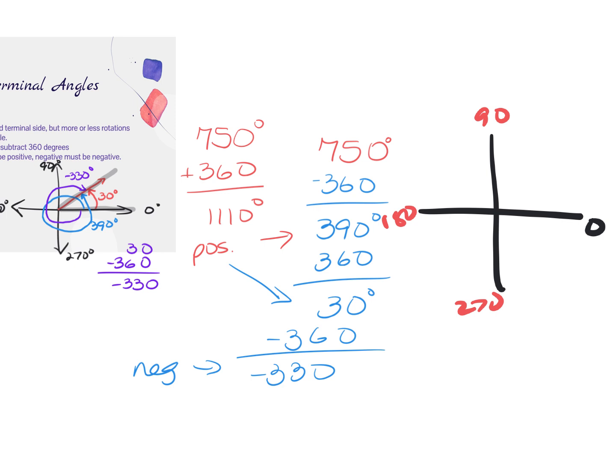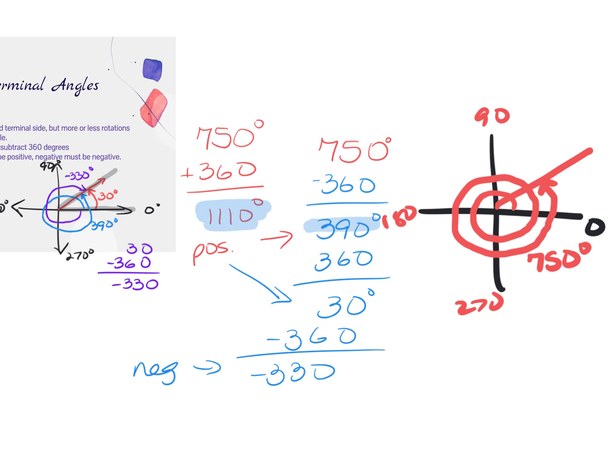So for 750, I'm going to swirl around 360, 720, and then I got to go 30 degrees more, and this is going to be my 750 degree original angle.